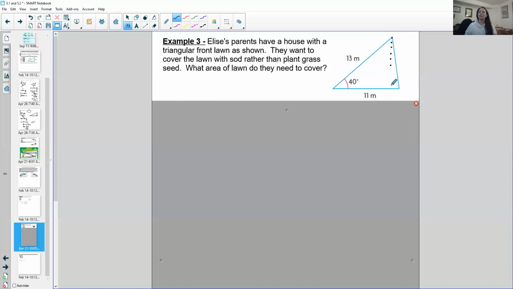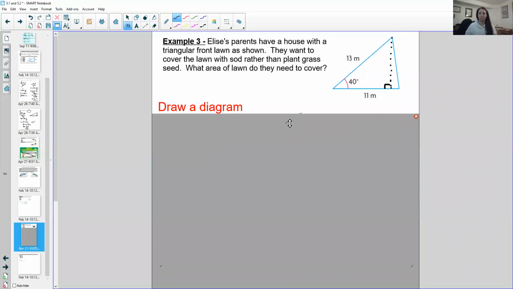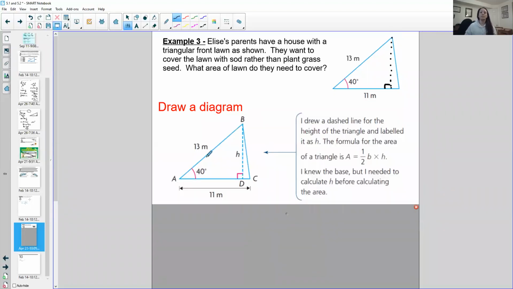So first, we're going to try and get something here that can help us out. If there were a right triangle in there, we'd be able to start solving. So we're going to take a point right from the top and drop it straight down to make two right angle triangles. Essentially we're going to draw a diagram that makes sense to us. There we go. So here is our lovely diagram.